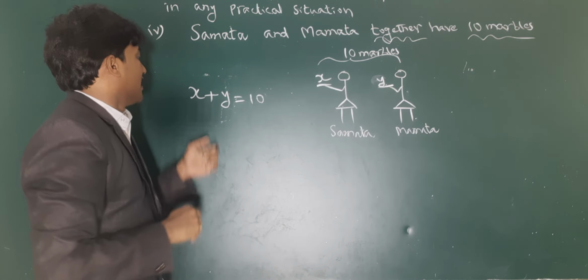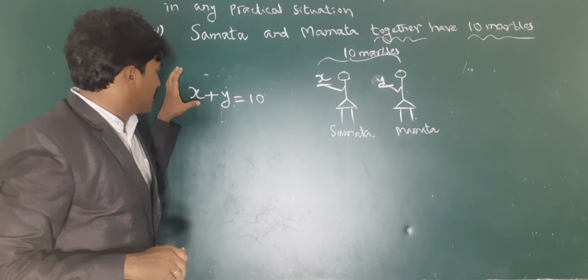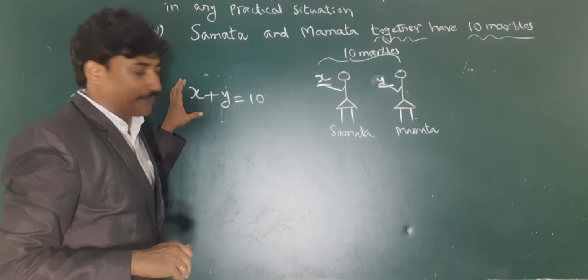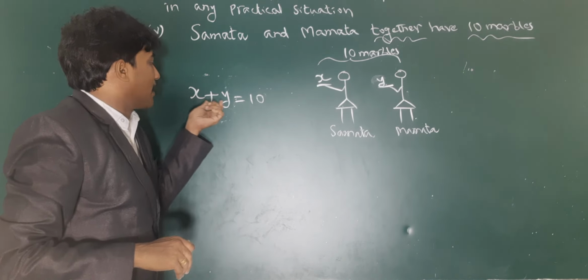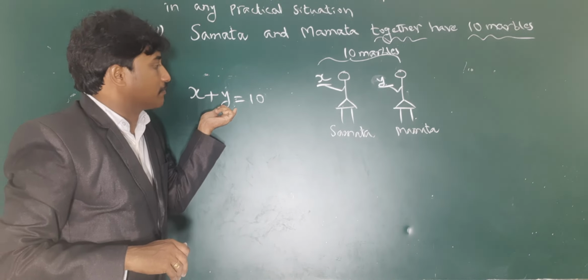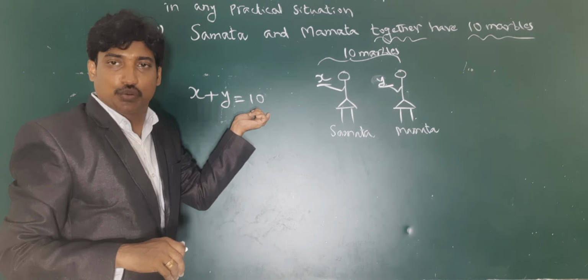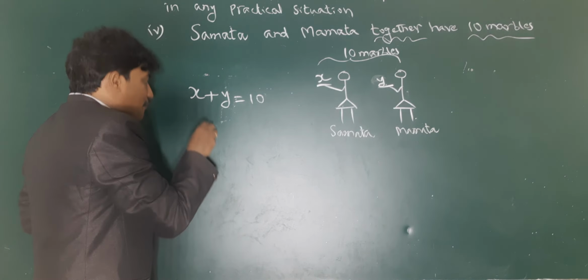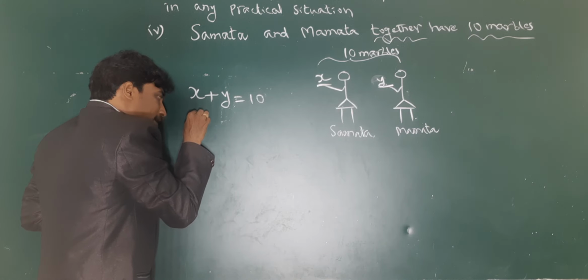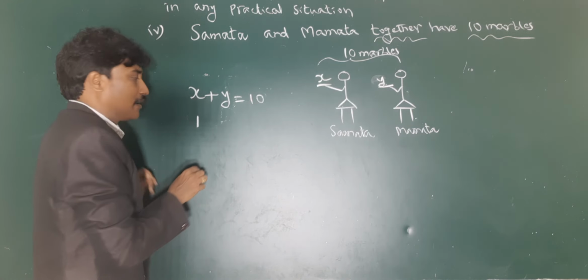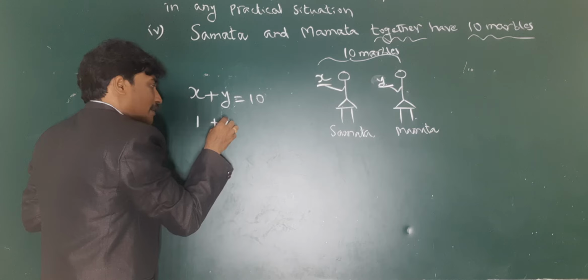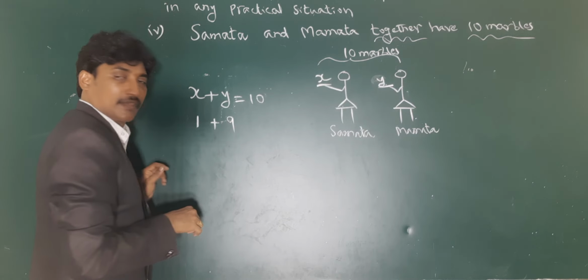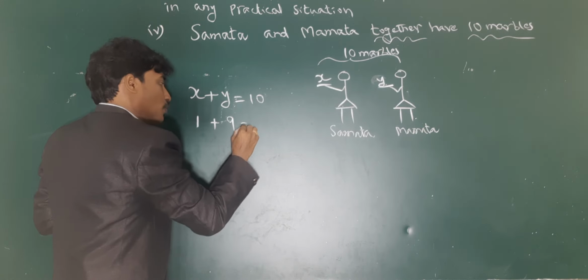That means the marbles in Samata's hand and in Mamata's hand together should be 10. So if there is one marble in Samata's hand, there will be 9 marbles in Mamata's hand, together 10.